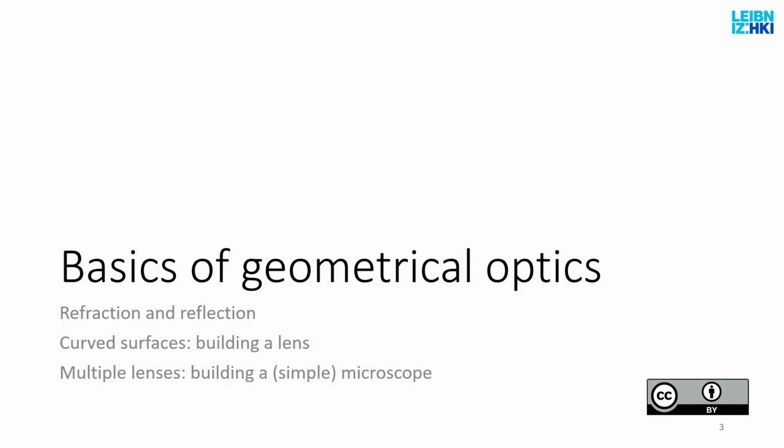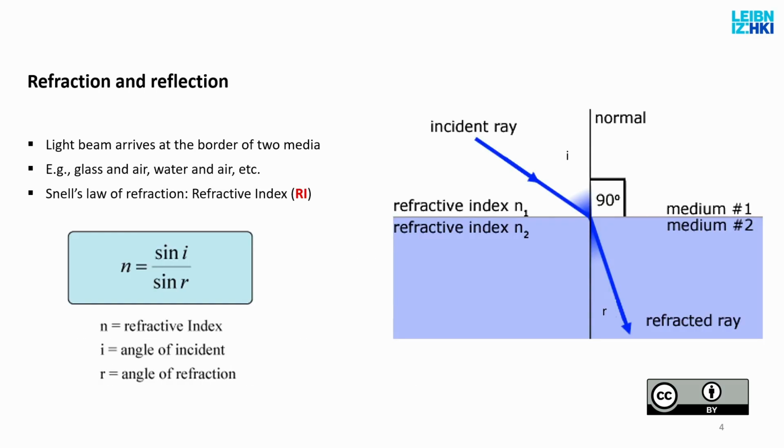Okay, let's go through briefly how we use the basic physics of light spreading, or the laws of movement, namely refraction and reflection, to generate optical elements, for example, optical lenses.